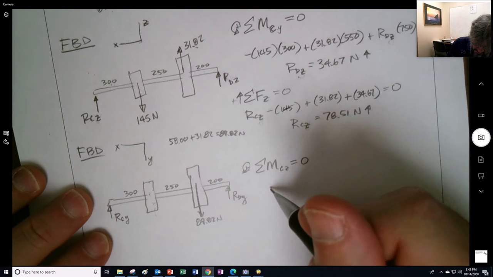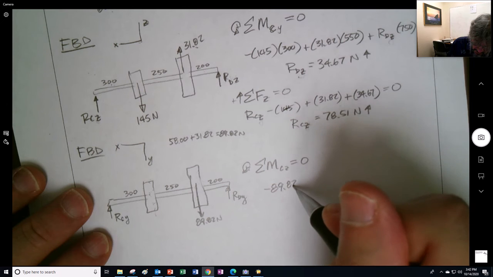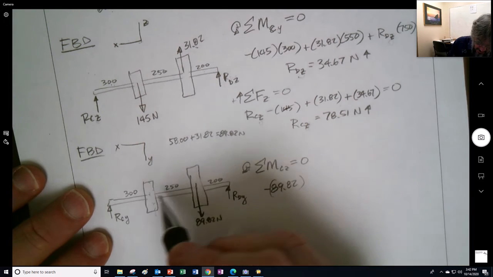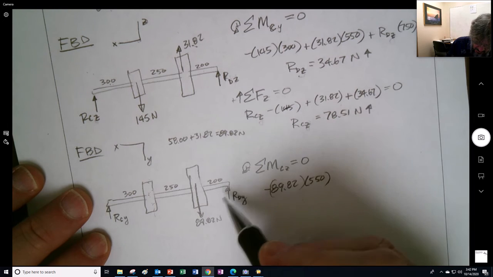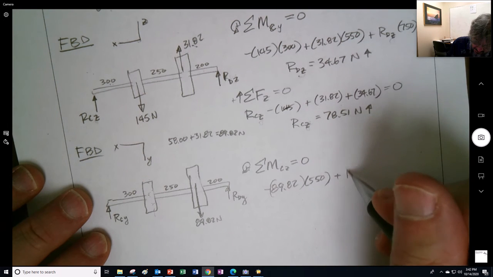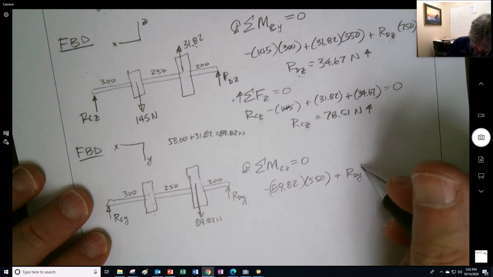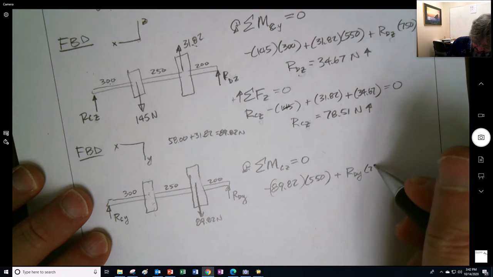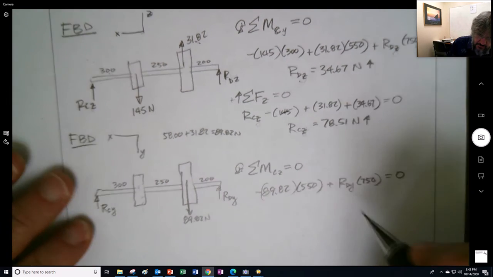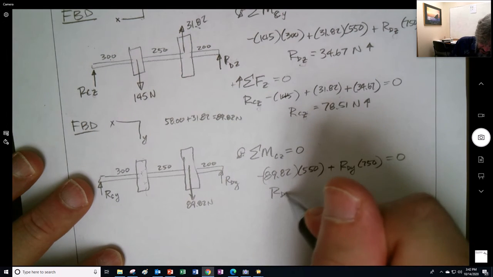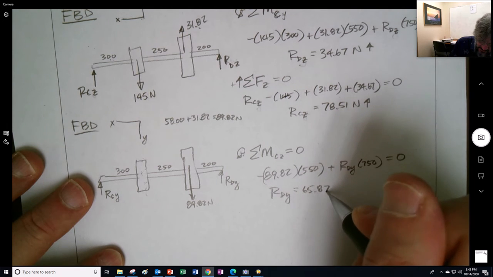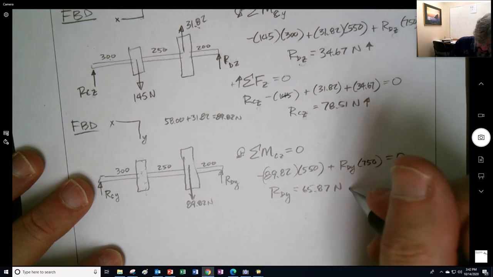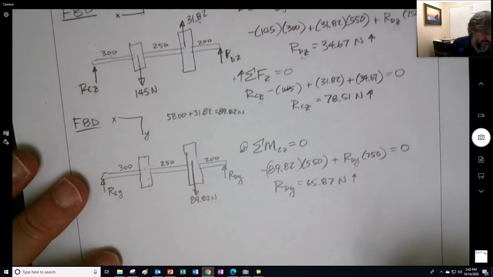And let me see, I'm going to go negative 89.82. This moment arm is going to be 550. Reactions, positive, RDY, and times 750. So the RDY is 65.87, according to what I wrote down previously.